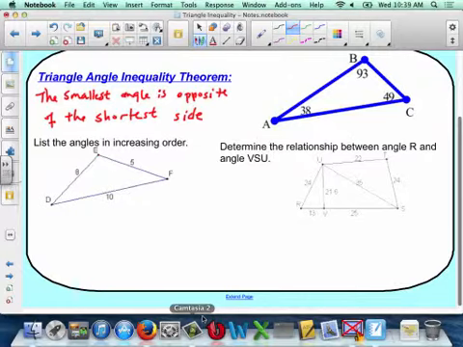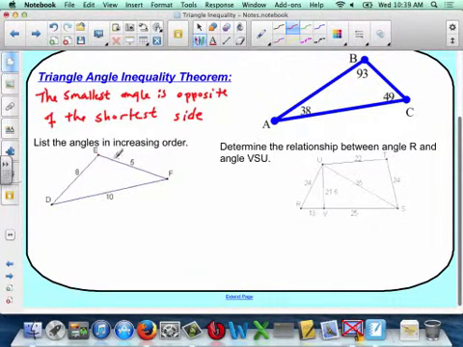What's the wording that we use for that? Well, that's what would be in this problem. Read the board. Where would I find the smallest angle? Opposite. Okay, there we go.